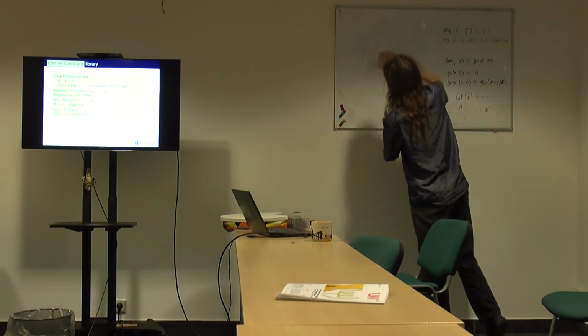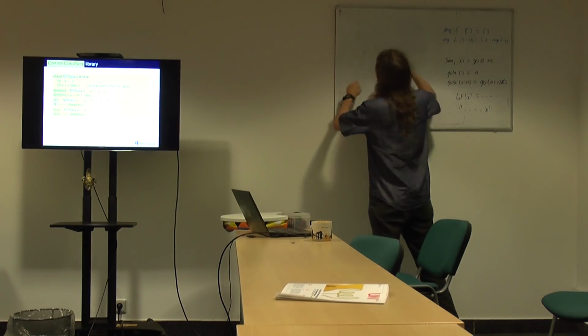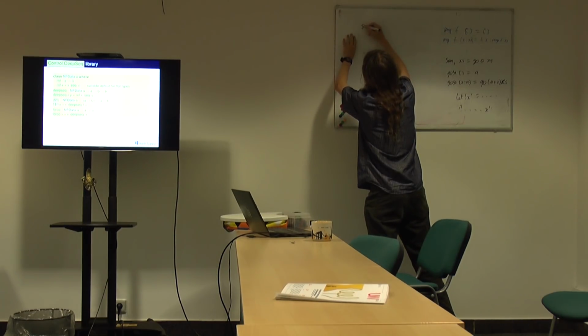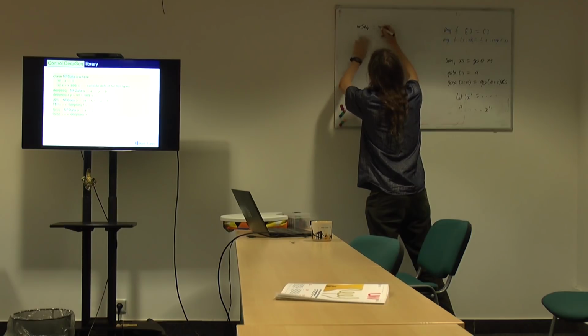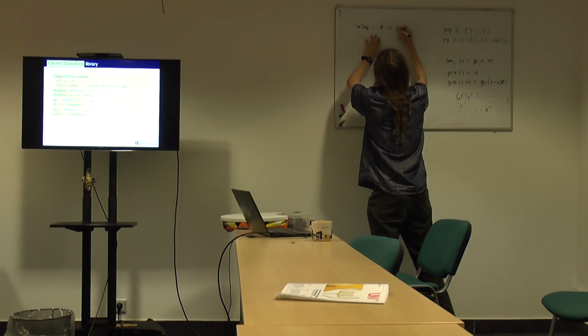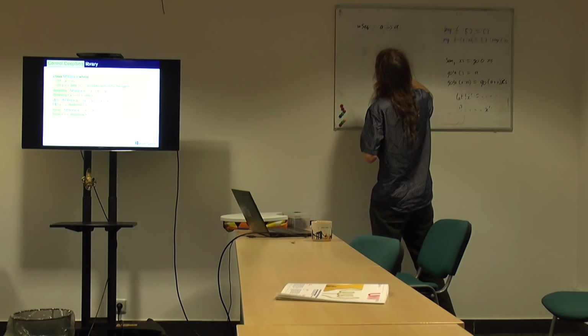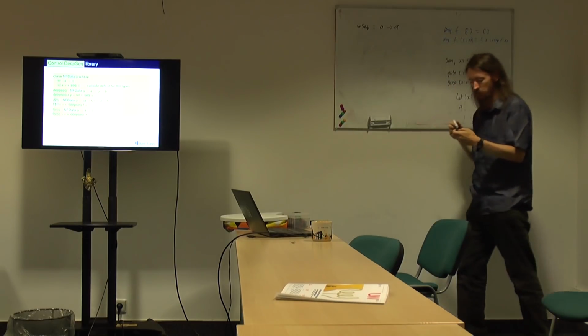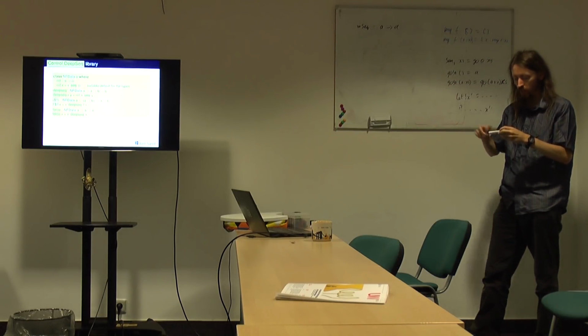Imagine instead I had this, wrong seek, and wrong seek has the type A to A. I want to tell you this doesn't work, but why doesn't it work?